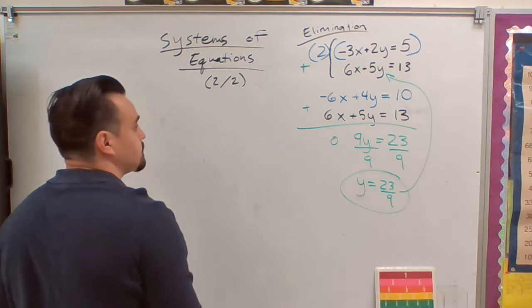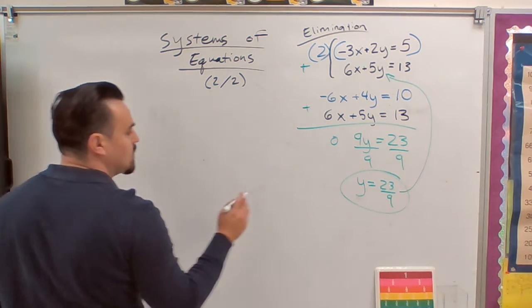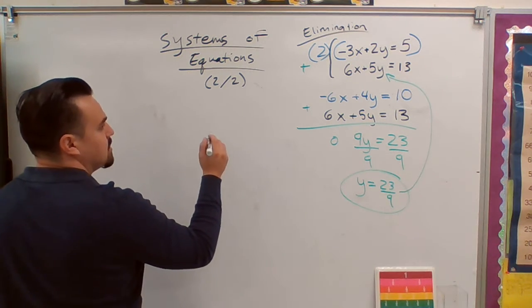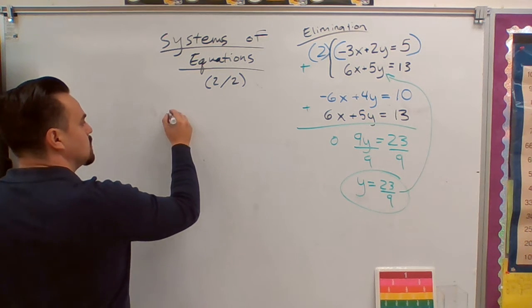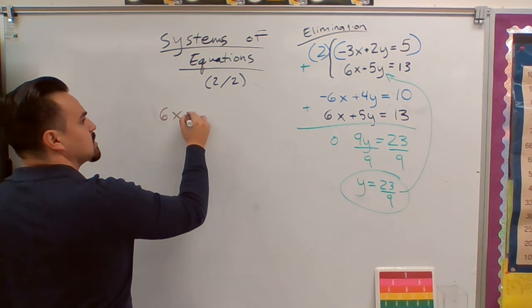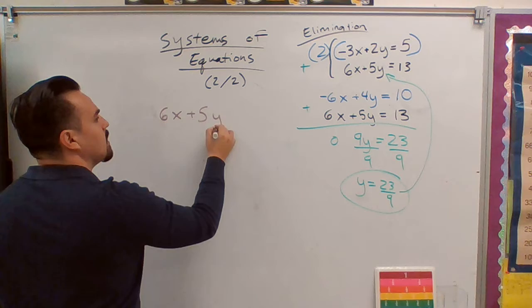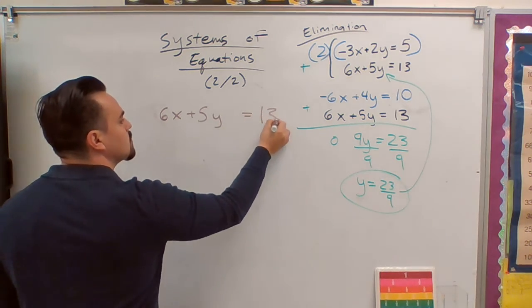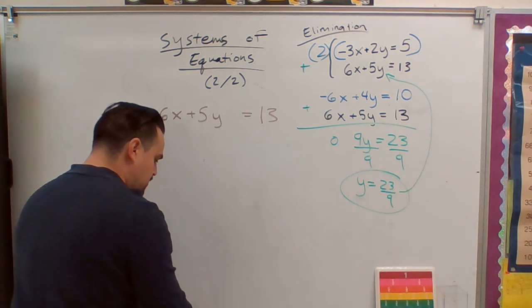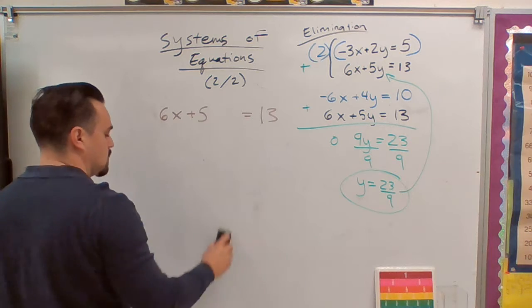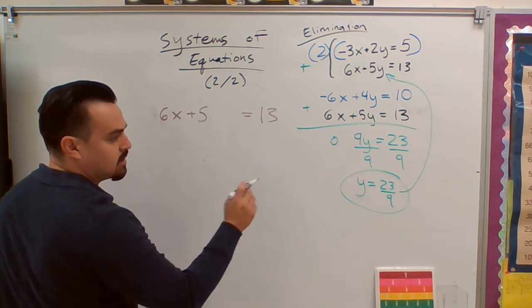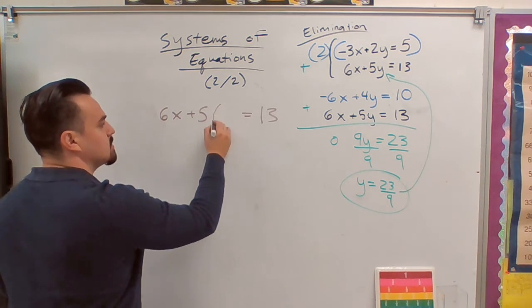All right. So I plug in 23 ninths for y into 6x plus 5y equals 13. But remember, we're not doing y. We're doing 23 ninths.